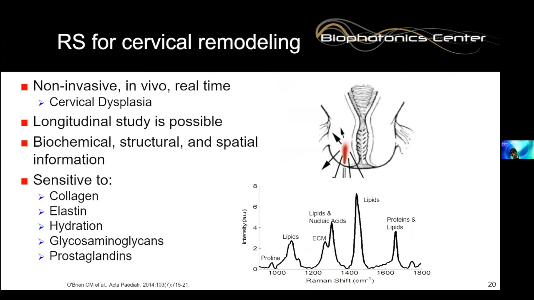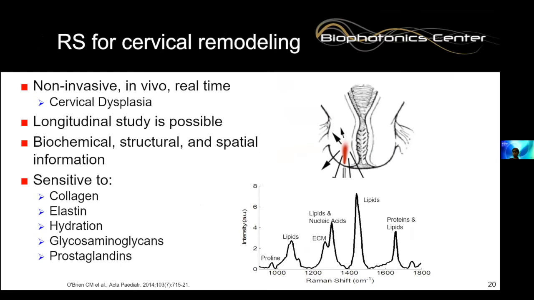My lab, actually my PhD work many, many years ago, was on using Raman spectroscopy for looking at cervical dysplasia or precancers in vivo. And when we did that study, what we realized was that Raman is very sensitive to hormonal changes. The biggest hormonal change a woman's body goes through is pregnancy.